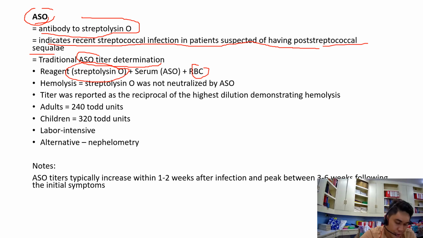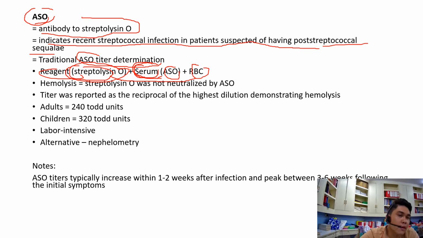Okay, so in this traditional method, the reagent contains streptolysin O, which is capable of destroying red blood cells, the second reagent, and we're using serum as the source of ASO, or the specimen is serum that possibly contains ASO.